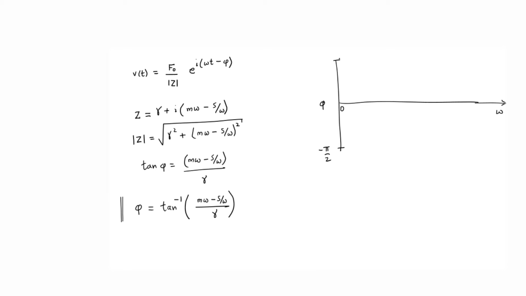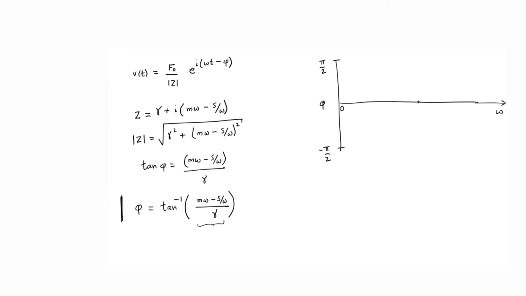As omega tends to infinity, this expression will again be dominated by m omega, because s by omega would tend to 0 as omega goes to infinity, and m omega would tend to infinity. So, tan inverse of infinity would be pi by 2. So, this goes from minus pi by 2 to plus pi by 2, and somewhere in between, when the quantity inside this bracket is equal to 0, then phi would be equal to 0.